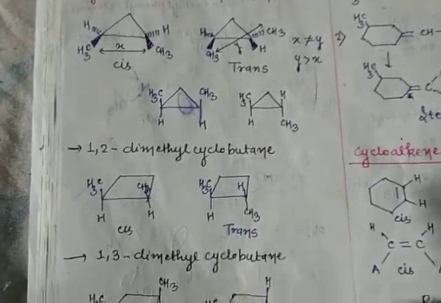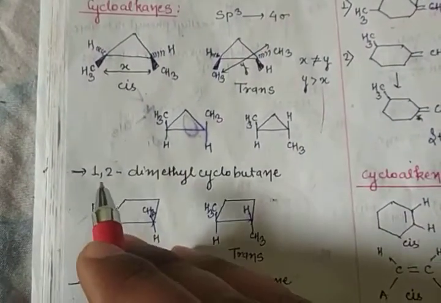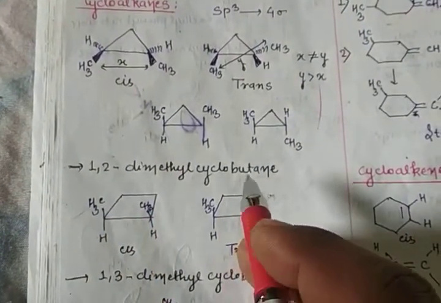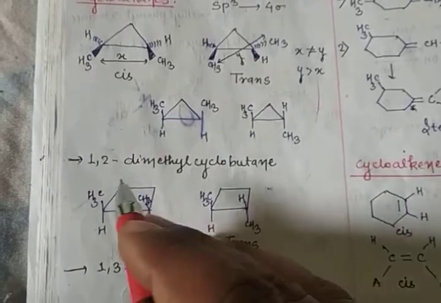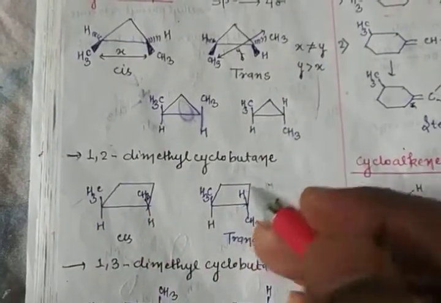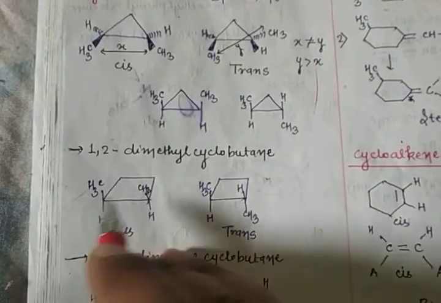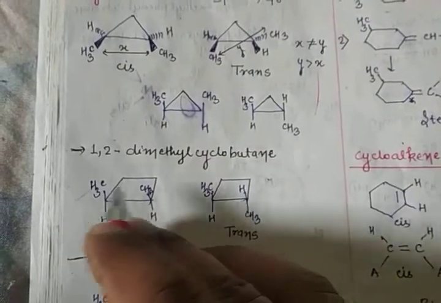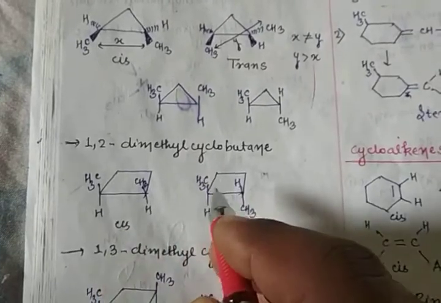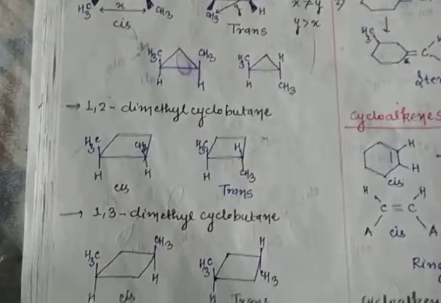Clear? 100%. Now the next example of cycloalkane, 1,2-dimethylcyclobutane. This example shows geometrical isomerism. Both CH3 on the same side means cis, and both CH3 on opposite sides means trans.